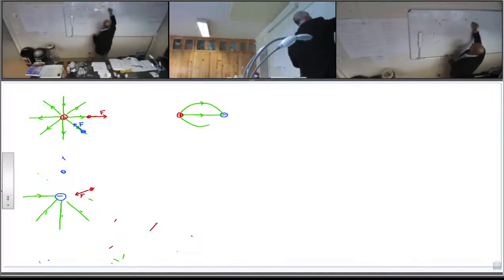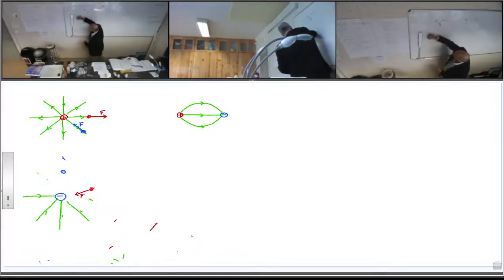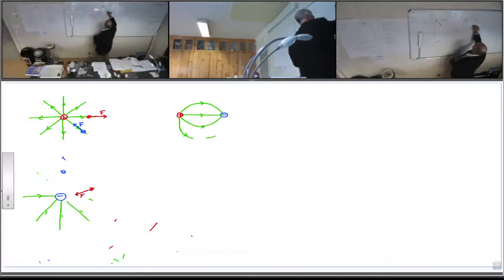45 degrees, that's that one. That's the equivalent of that one and that one. You agree? This one would have left at 90 degrees. It's going to get pulled around and approaches at 90 degrees. That's right.